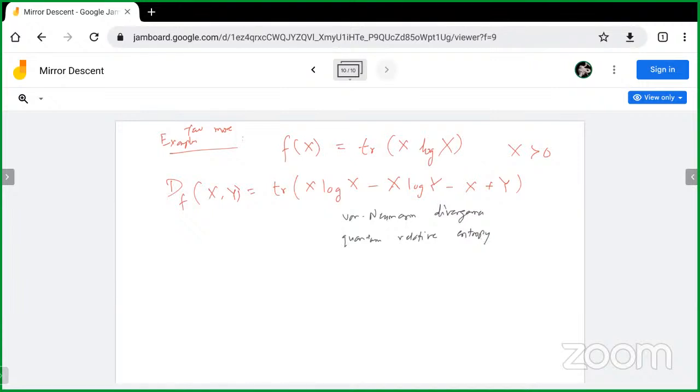This is another famous example. I'll just put one word for completeness. Another famous convex function is minus log determinant.